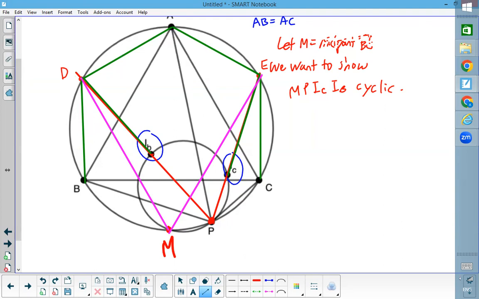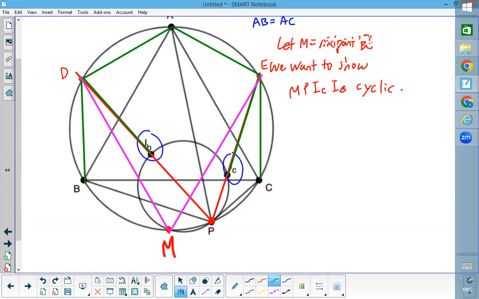And then from here, we have two triangles that are congruent.